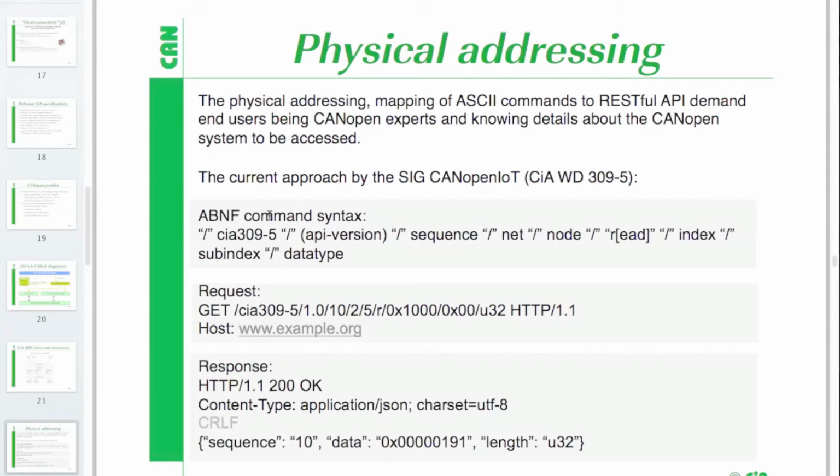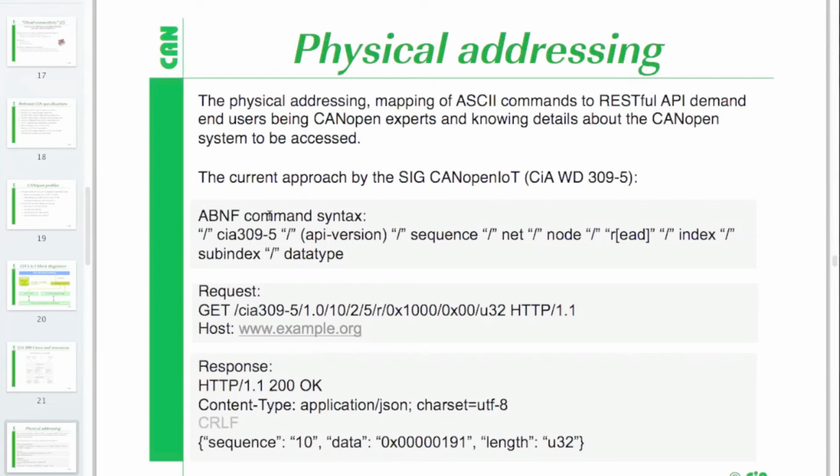Physical means I do need to know about CANopen a little bit, so I can map the data straight into a RESTful HTTP request and collect the data from my gateway, from my CANopen network, and with this request, I could send a transparent message to whoever sits on an Ethernet-based, TCP/IP-based network, having the web server, and it can collect this data in there.